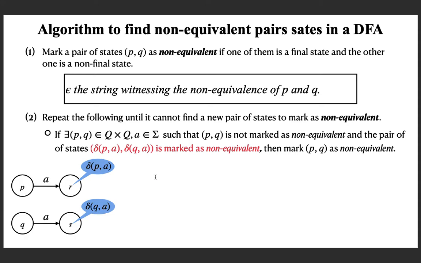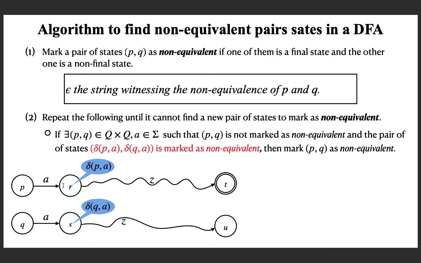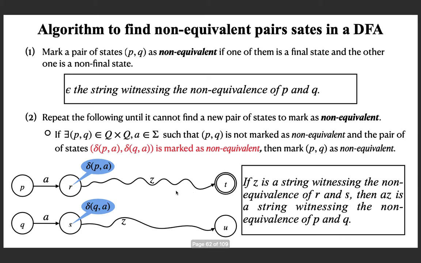If RS is marked, why is it marked? There exists a string Z witnessing the non-equivalence of R and S. That is, from R, you are going to a final state, and from S, you are going to a non-final state. If that is the case, then you can see that AZ is the string witnessing the non-equivalence of P and Q, because AZ will take you to a final state from P, and the same AZ will take you to a non-final state from Q. So this algorithm step is correct.